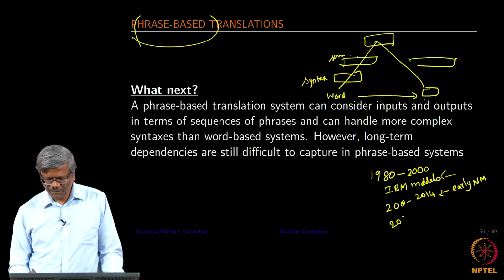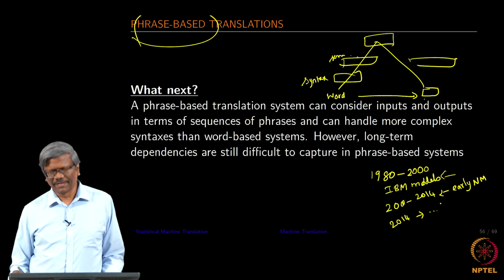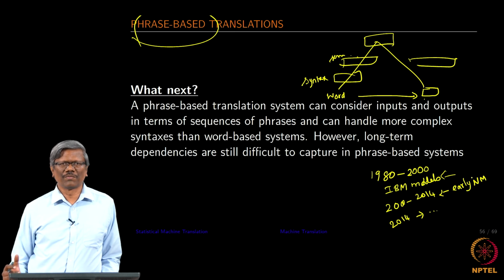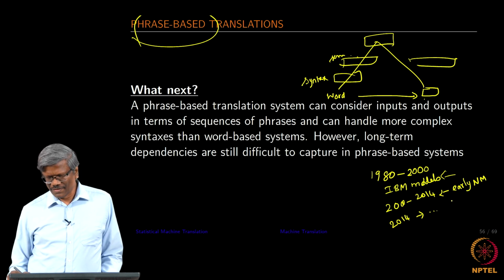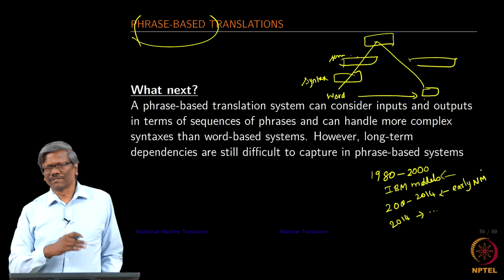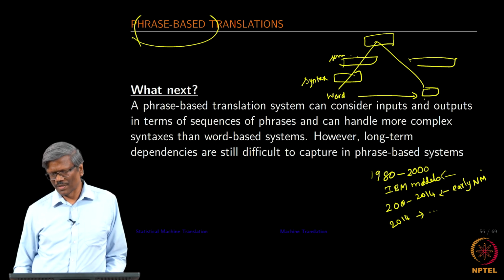From 2014 till today, we have gone way far ahead in the translation models, and we are able to do a very good amount of research in this, and a good amount of research has gone into the neural net based translation model, mostly because of the sequence processing of the neural net model.